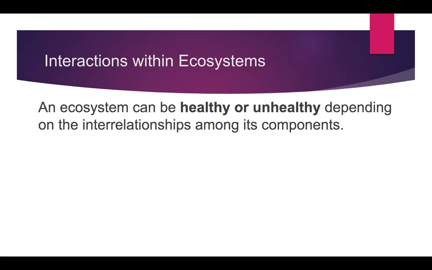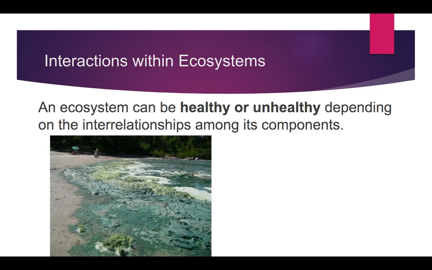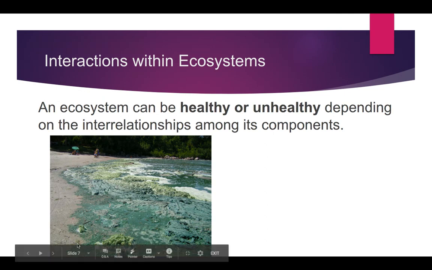An ecosystem can also be healthy or not so healthy, depending on the relationships that are happening within it, between those animals and those non-living factors. If any of you have been to Lake Winnipeg within the past few years, you may have seen that wonderful green sludge, right? That green algae that sometimes appears on its beaches.